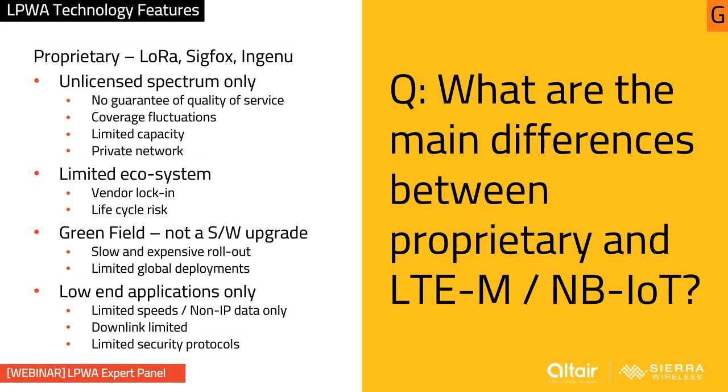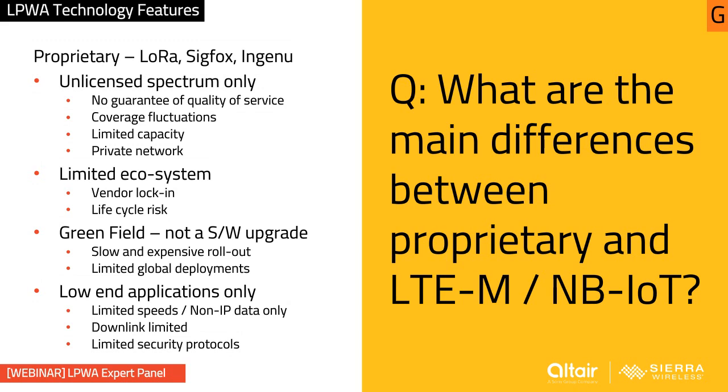And lastly, these proprietary technologies in general are really targeting a very low-end application, even simpler than NB-IoT. So they have very limited support. For example, they're really like a messaging type interface. Think of more like SMS, so they don't carry IP data. Also, due to regulatory reasons in the unlicensed band, the base stations have very limited duty cycles, and so they can often not even acknowledge all packets, and certainly can't support large firmware downloads.